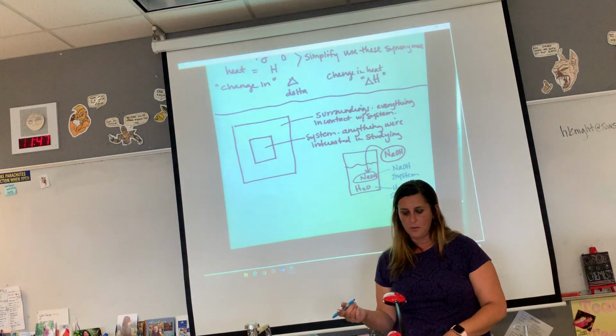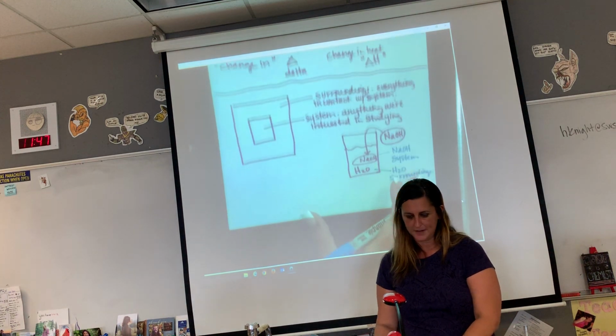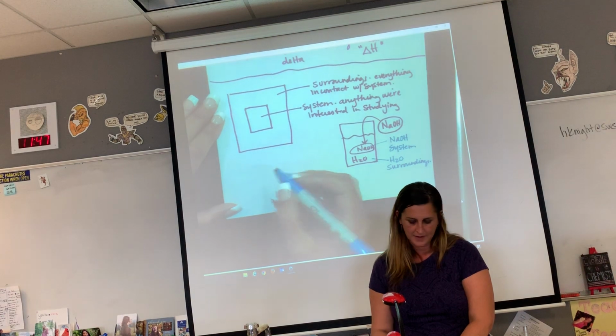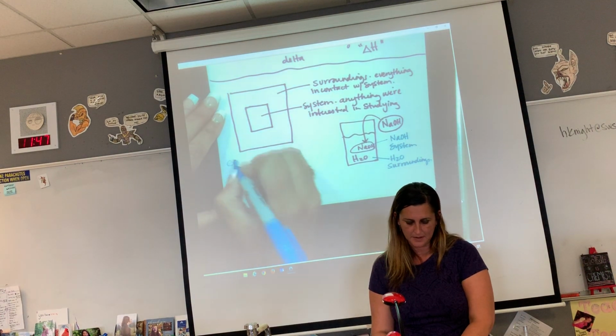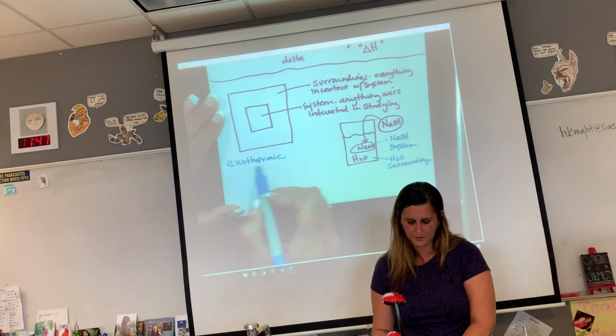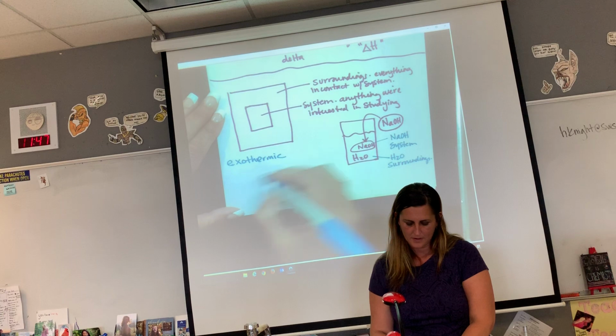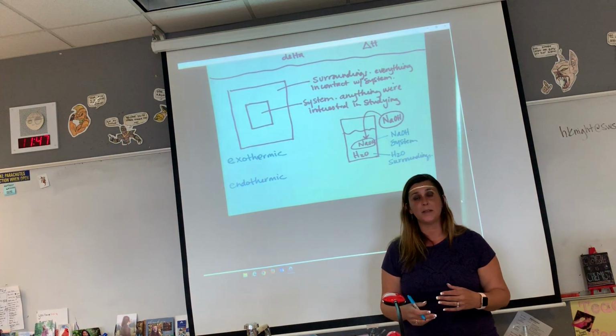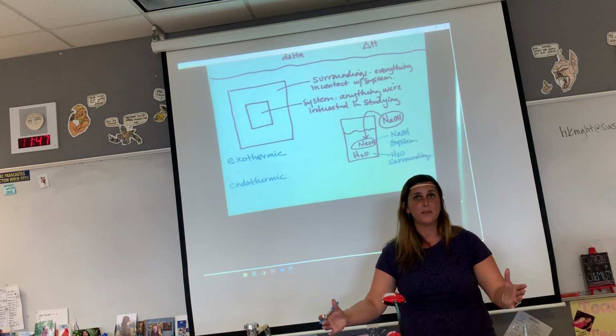Okay, so on to one last idea before we get done with this section, and that is this concept of exothermic versus endothermic. Exothermic and endothermic. So in an exothermic process, the system is losing heat to the surroundings.